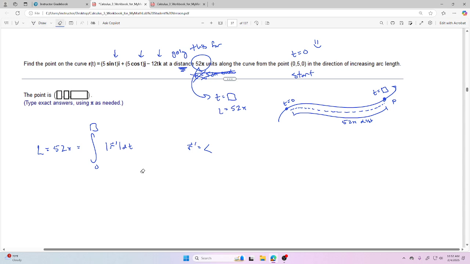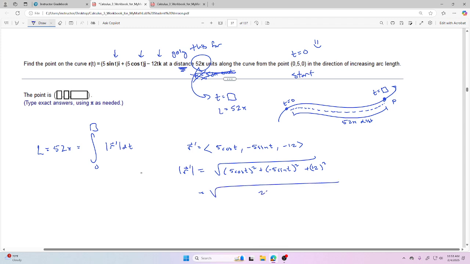You're right. 5 cosine t, got it. Perfect. I love it. And then my magnitude is the square root of the squares. I almost don't want to write this out because you already know how to simplify some of this. Like all that right there is 25, and that's 144.